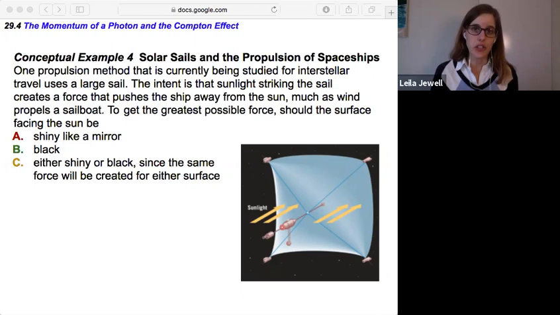To think about this, there's a useful analogy that our book looks at way back in the momentum chapters with linear momentum, where it compares raindrops striking the top of a car versus hailstones striking the top of a car. Because raindrops fall and just splatter, so they get absorbed by the top of the car, much like the black surface. Hailstones bounce off of the top of the car, much like the shiny, mirror-like surface would cause the photons to bounce off of the sail.